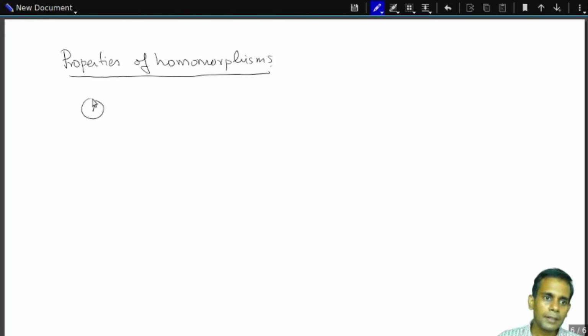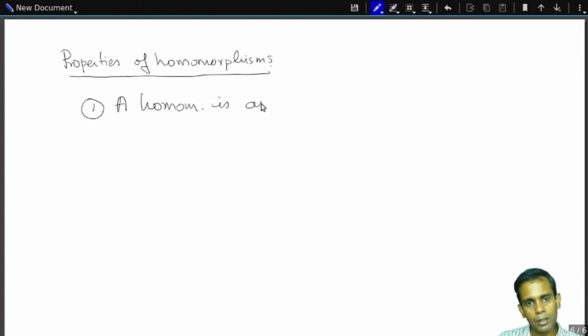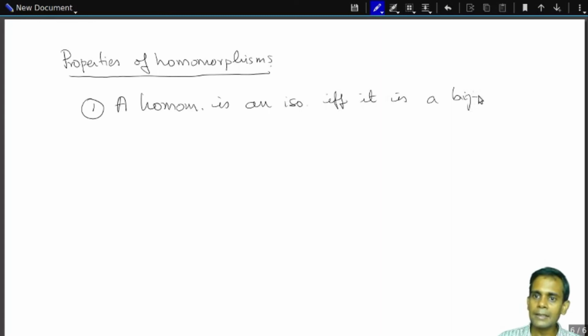So the first, rather obvious, is that a homomorphism is an isomorphism if and only if it is a bijection. Okay, so what I'm saying is that isomorphisms are bijective homomorphisms. That's more or less from the definition of an isomorphism of groups.